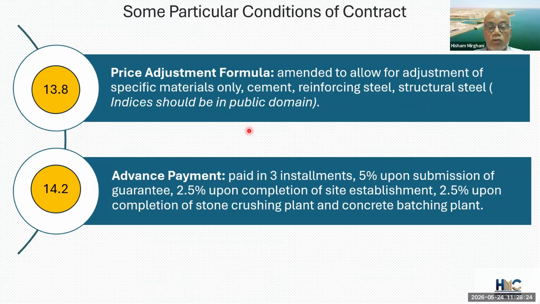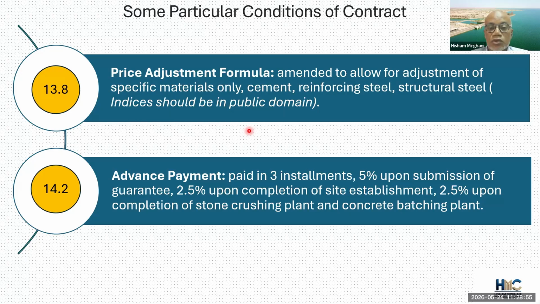This was really a thorny issue because in the first dam, we adopted the standard FIDIC formula for adjustment of materials, labor, and equipment. And the contractor was from a country where the construction indices were not in the public domain. And this caused an issue because the indices increased sharply during implementation and the cost increased sharply.